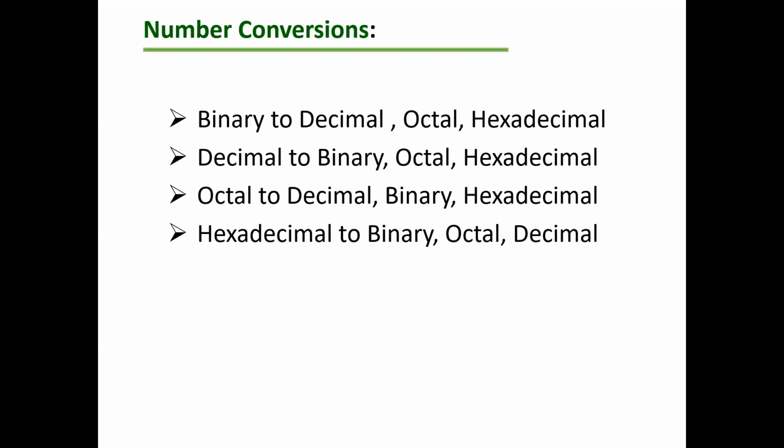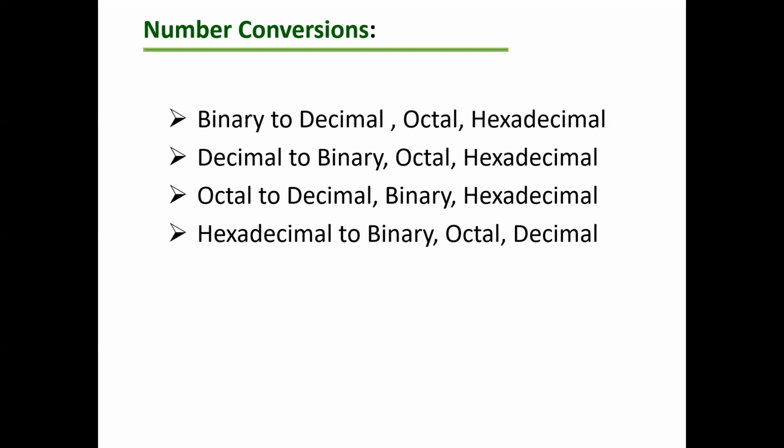So, ang ibig sabihin niyan, from binary, magko-convert tayo to any number system. From decimal to any number system. From octal to any number system. And from hexadecimal to any number system.